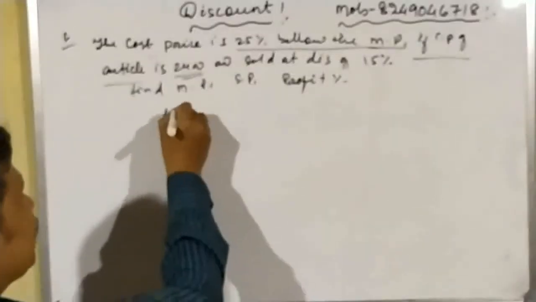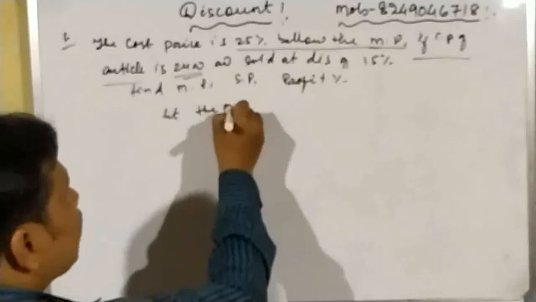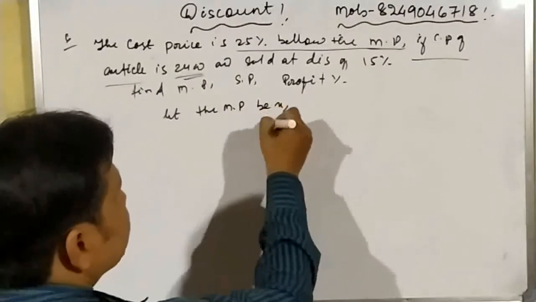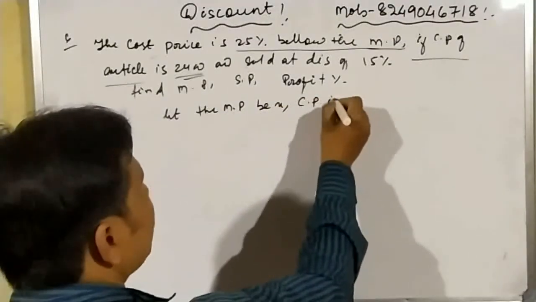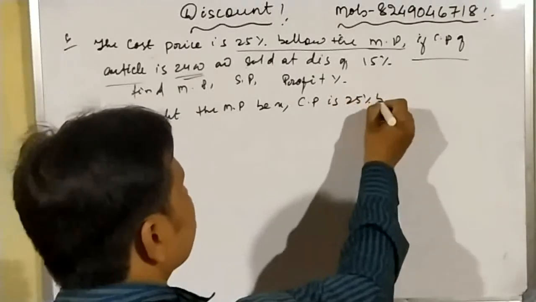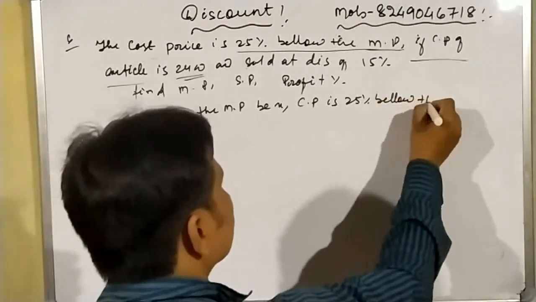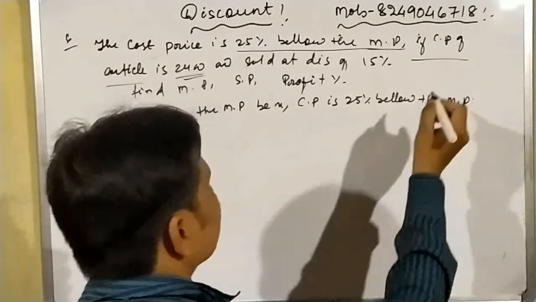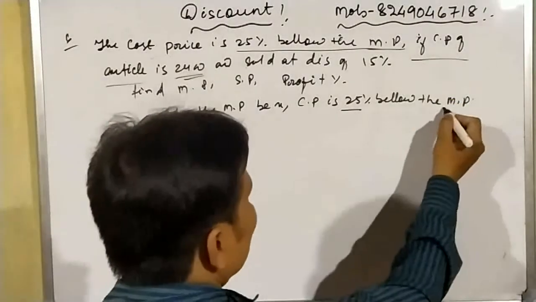So the cost price is 25% below the mark price. Here we will take the mark price to be X. So 25% below the mark price means what?